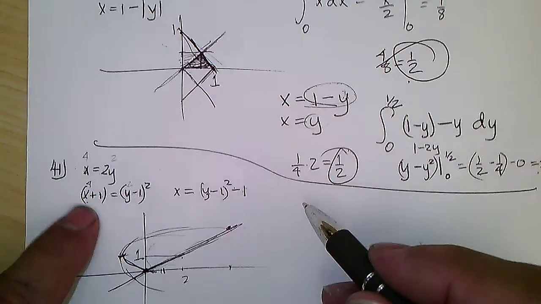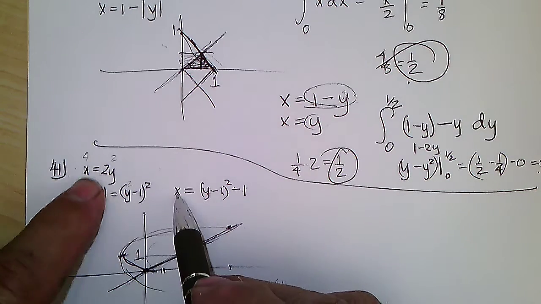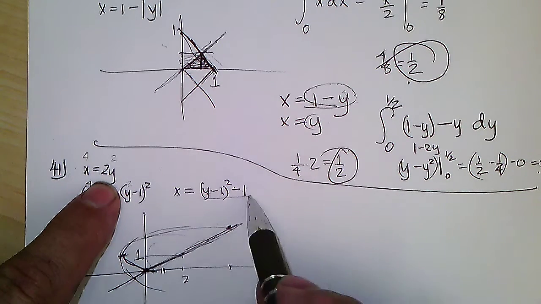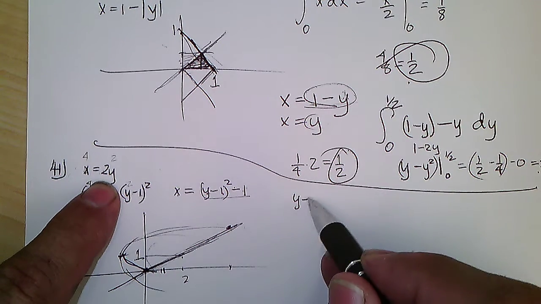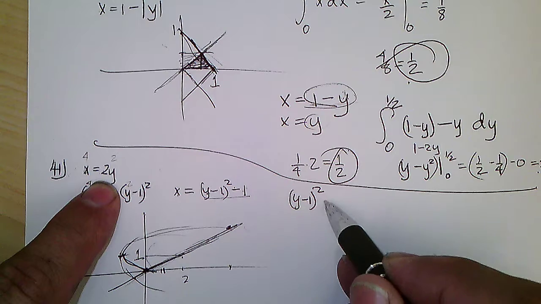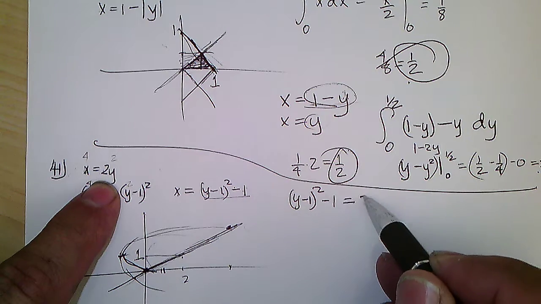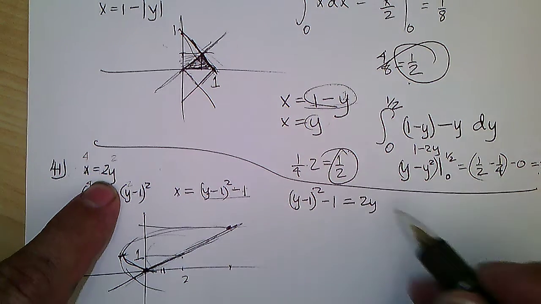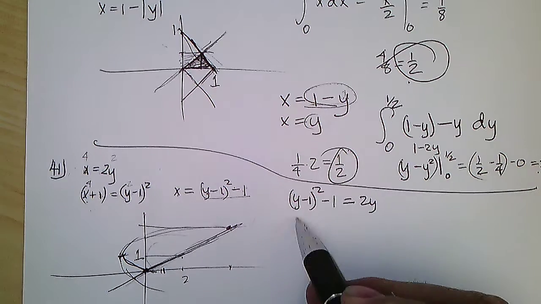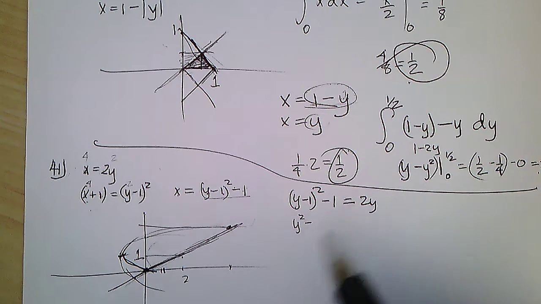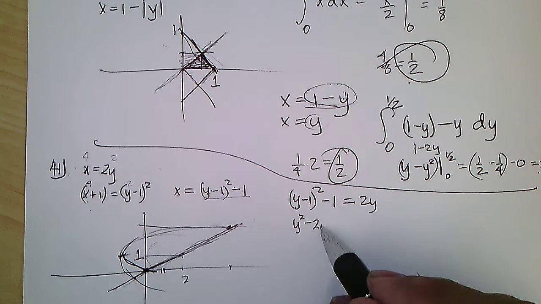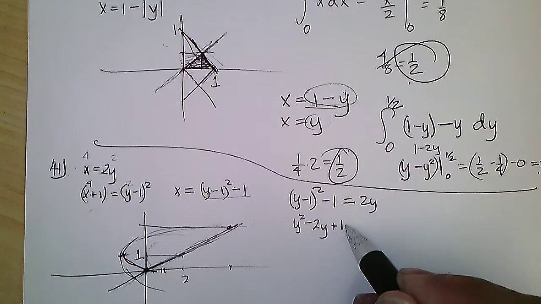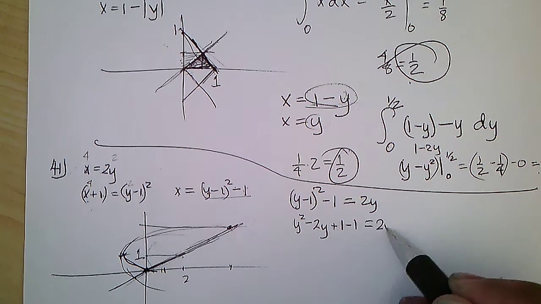Okay, so where do they intersect up here? So we'd have to set 2y equal to this. Y minus 1 squared minus 1 equals 2y, because we want to know where they meet here. So this would be y squared minus 2y plus 1 minus 1 equals 2y.